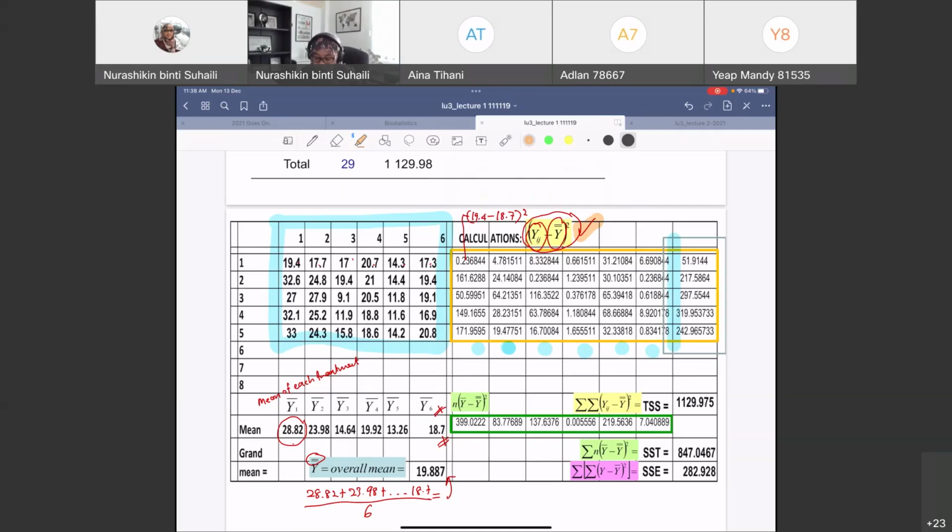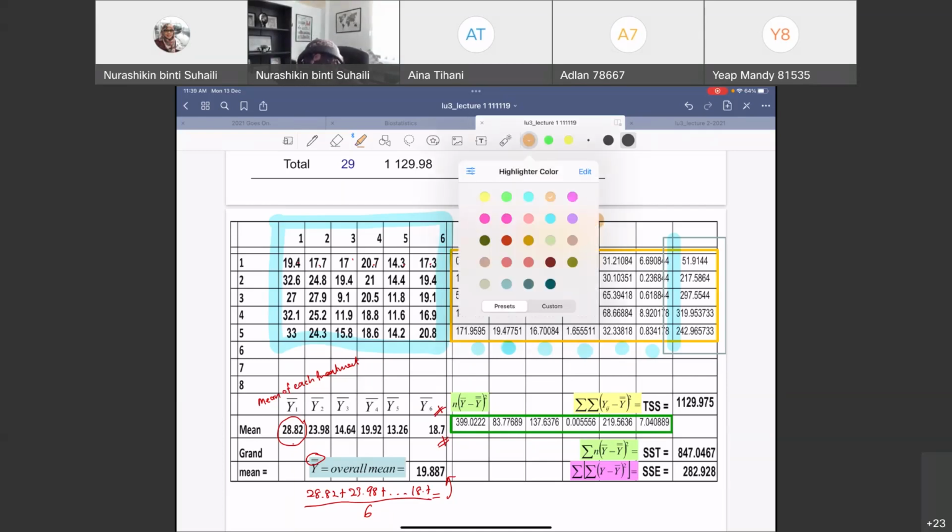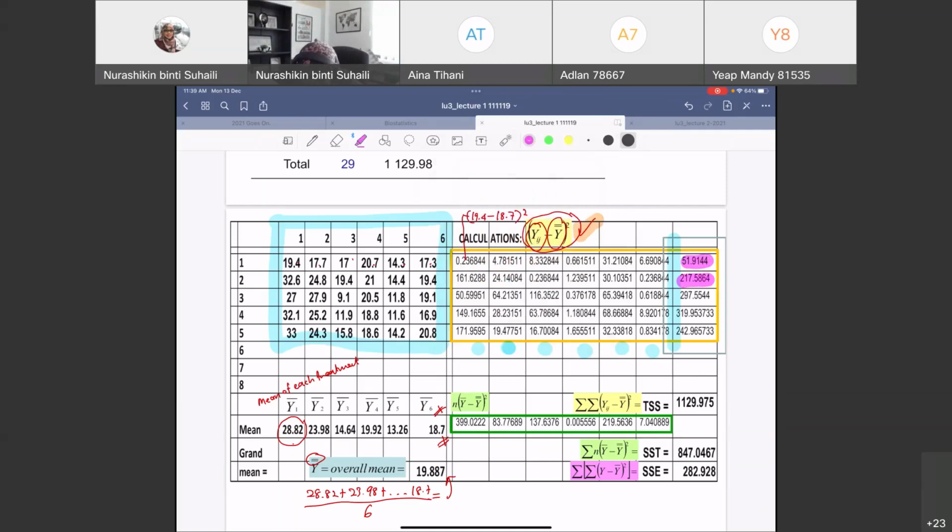Okay, now what you have to find next. Once you have solved the 6 columns, for every row, what is this value all about? This value is the summation of the row.